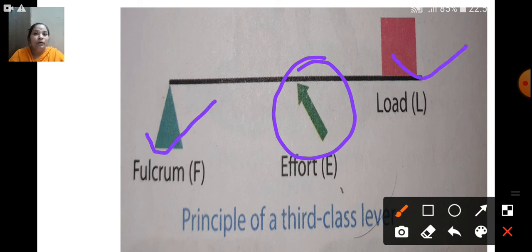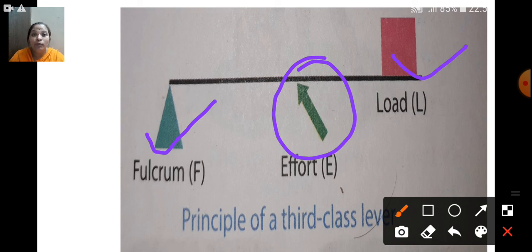Now, today's homework. First, what have we studied today? We have studied about the basic six types of simple machines, and we also studied about the lever, the arrangement of the lever and the three types of lever, and how the principle of the three levers shows the arrangement of fulcrum, effort and load.